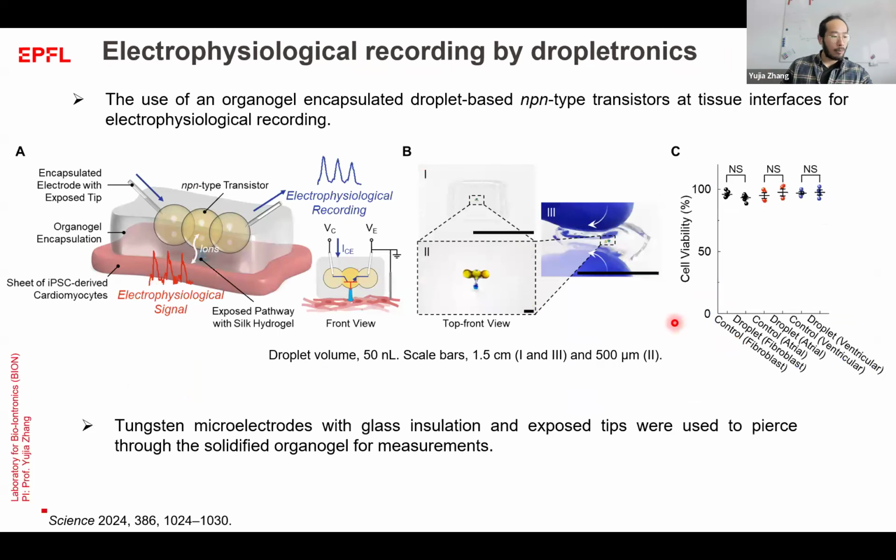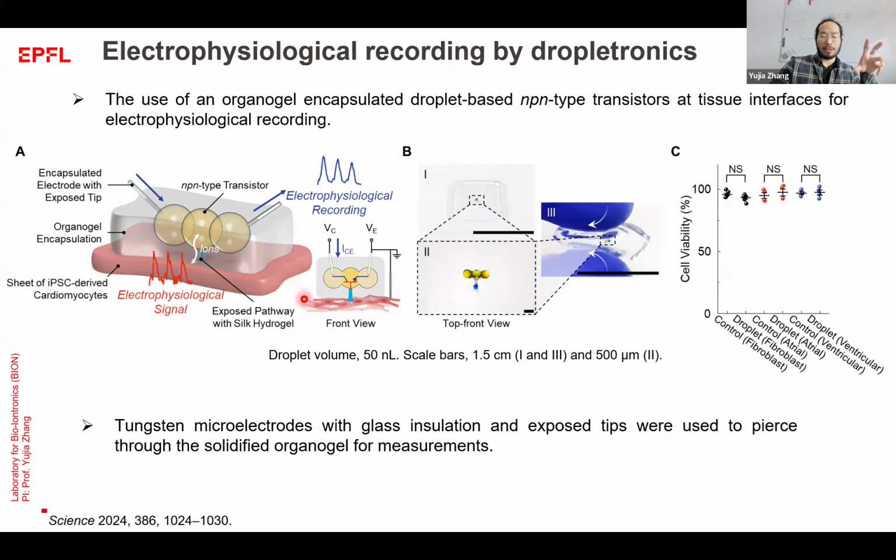Lastly, the last application I want to show you is to use biological signals, basically ion transport from cells and tissues, as the modulation signals for our Dropletronic devices. In this case, we collaborated with Professor Christopher in Oxford in the biological department.